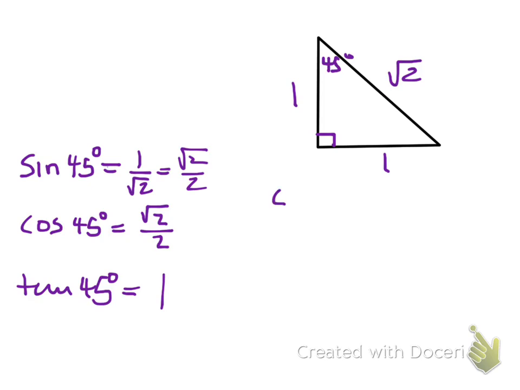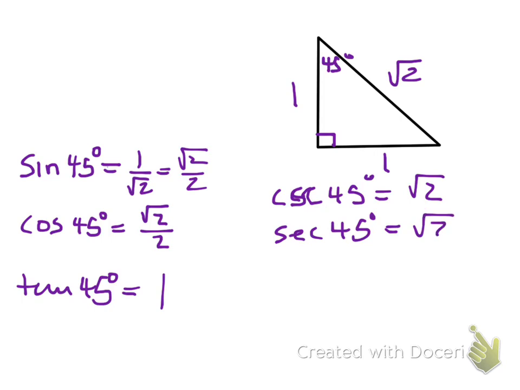And then the reciprocals of those: cosecant of 45 is square root of 2 over 1. Same for the secant. And the reciprocal of 1 is 1.